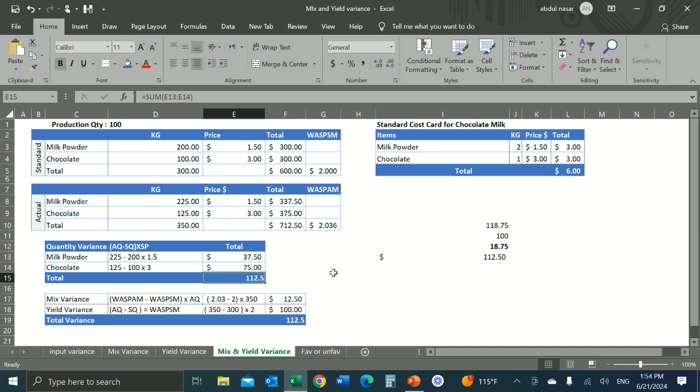Now, we are going to investigate further why this happened. Did it happen because of the mix variance or yield variance, or because of both?